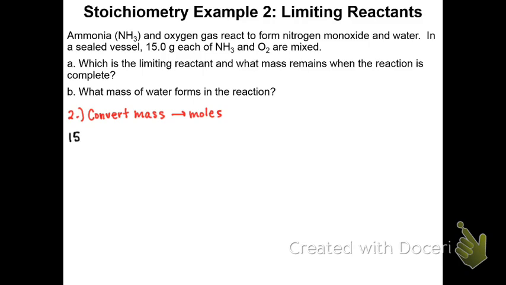So we're starting out with 15 grams of ammonia. We need to divide by the molar mass to find moles. So we have 0.8808 moles of ammonia.